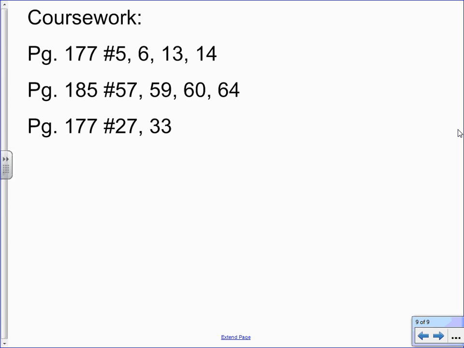And then 13, 14, I think 27 and 33 will be synthetic division. And we'll go over many more examples tomorrow. So tomorrow will be day 2 of division. I am videoing this, so I'll post the video online if you need to watch synthetic one more time. Okay, that will be available for you online tonight.